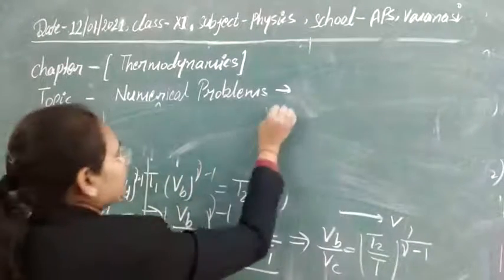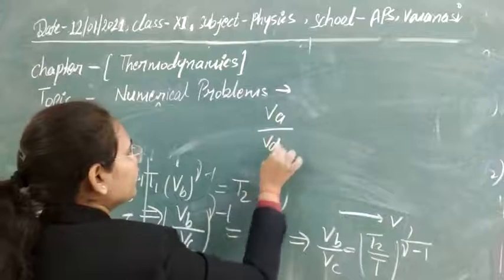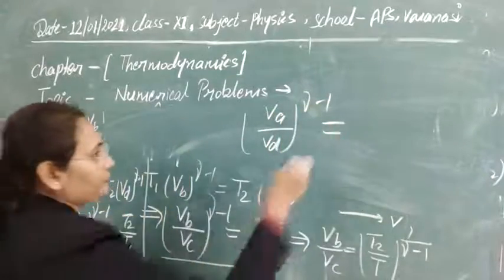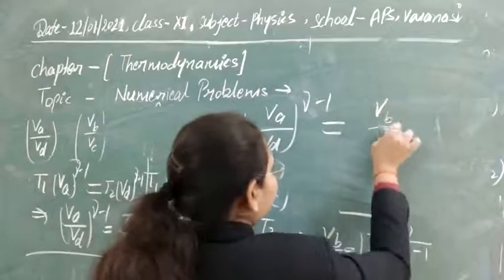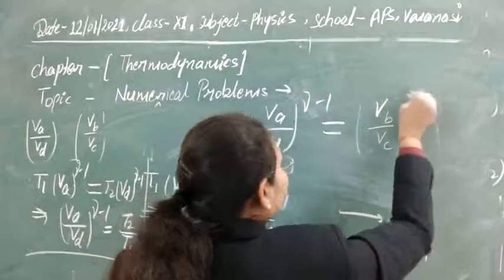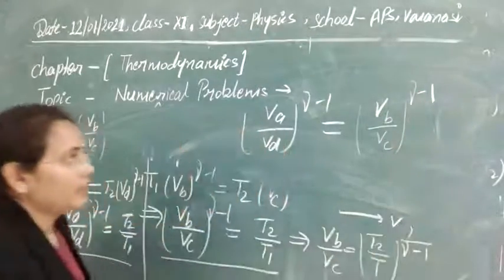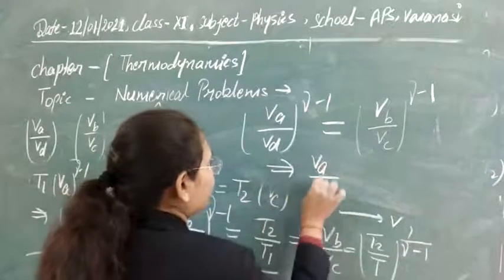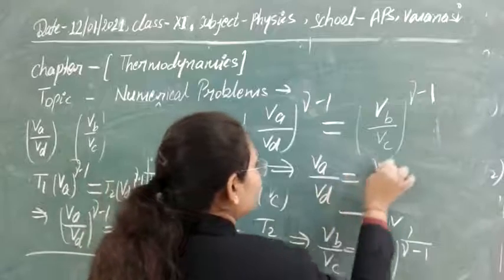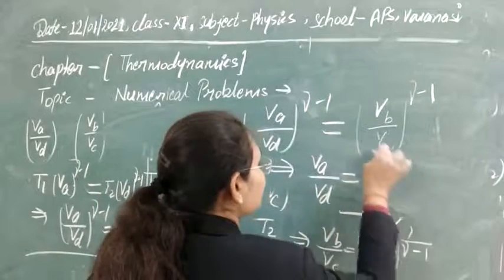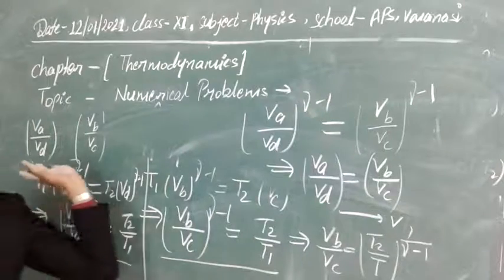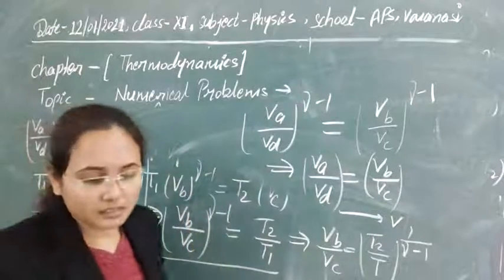If you compare VA upon VD power gamma minus 1, that is equal to VB upon VC power gamma minus 1, and as the powers are the same, finally VA upon VD is equal to VB by VC. So it means that the ratio is the same for both of the parts.